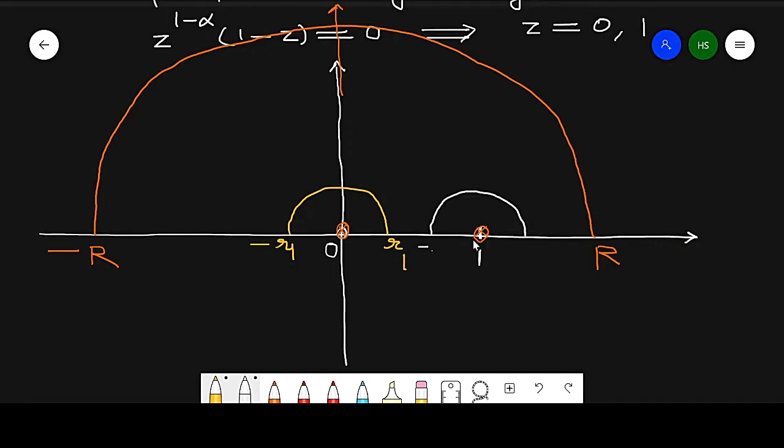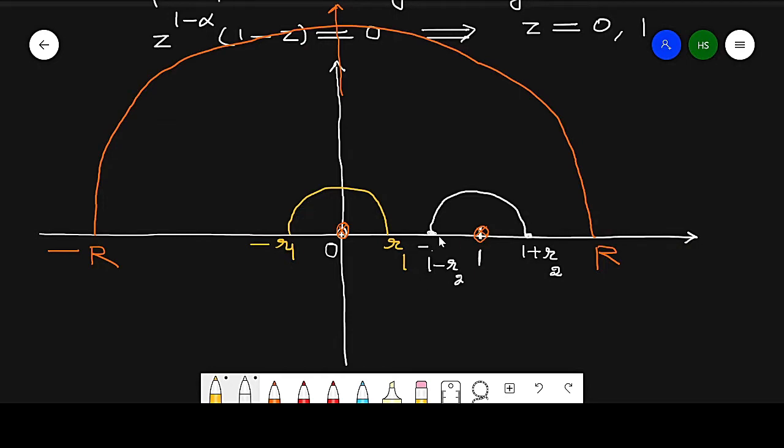This is 1 minus r2. So here I write it as 1 minus r2.